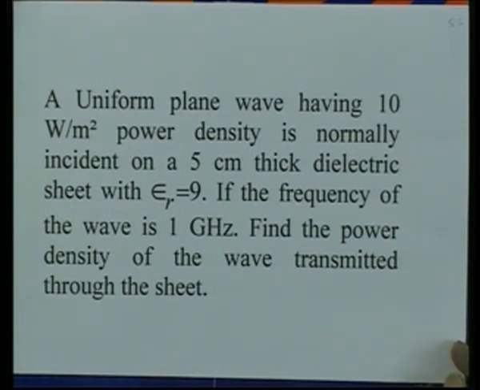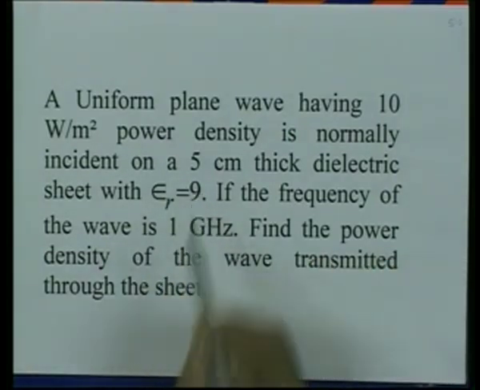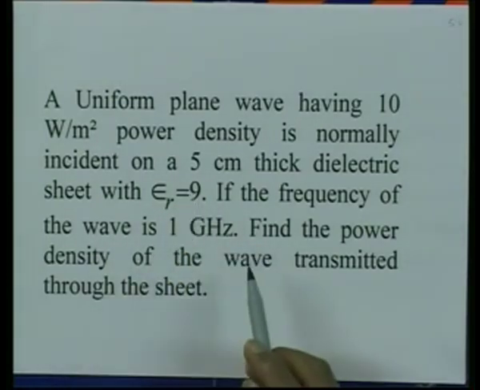So, essentially we have a medium with a finite thickness, and we have to find out how much field is transmitted on the other side of the sheet, which has a dielectric constant 9 and a thickness of 5 centimeters.